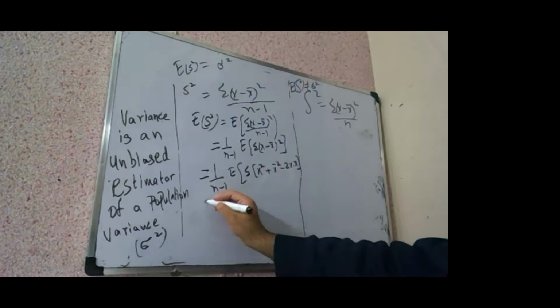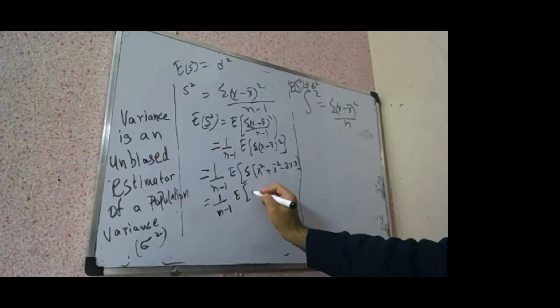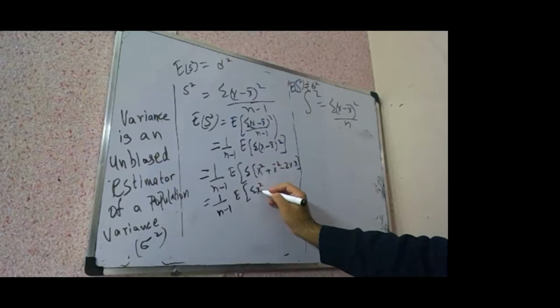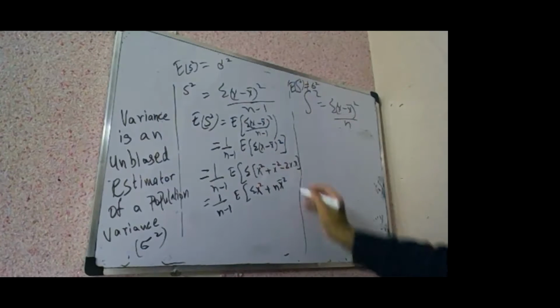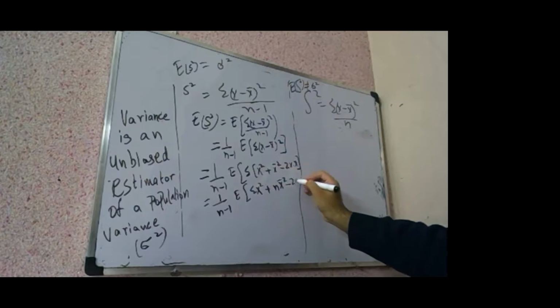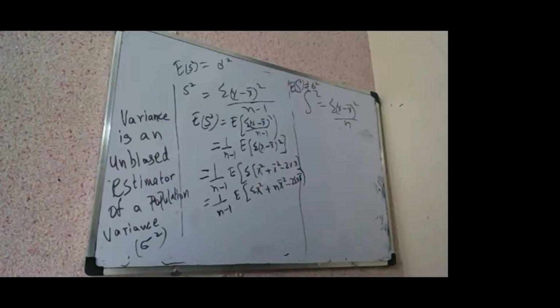So if I apply summation inside, I will get the sum of x square plus n x bar square minus 2 times the sum of x bar. That I will get, right?